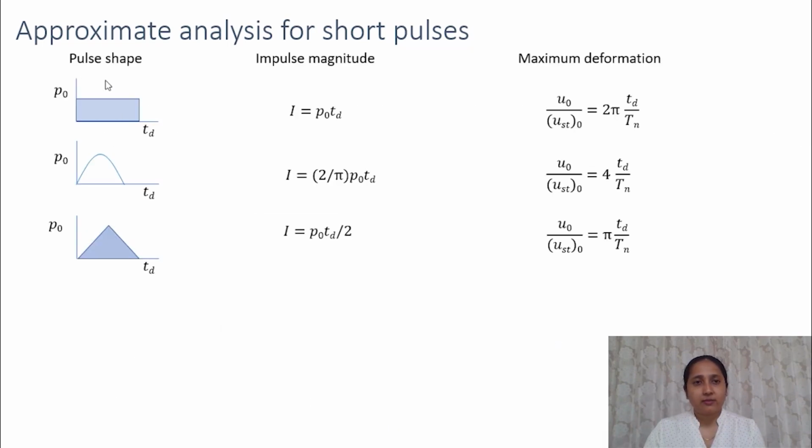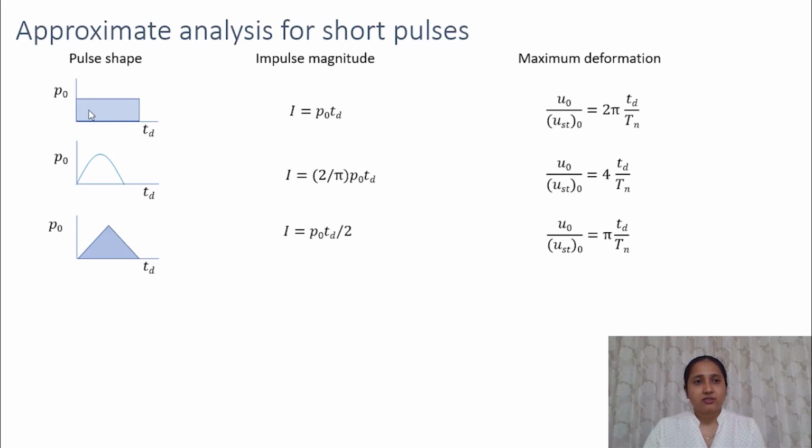So for different types of pulse shape of the same amplitude, if Td is less than Tn by 2, then we can treat this pulse as an impulse. The impulse magnitude will be equal to the area of this curve.